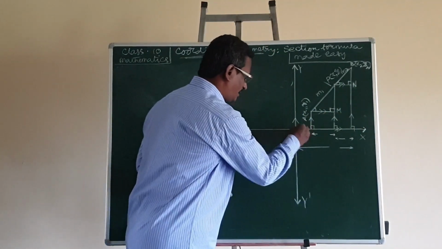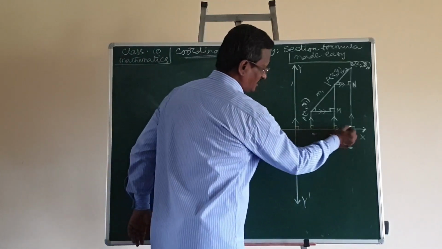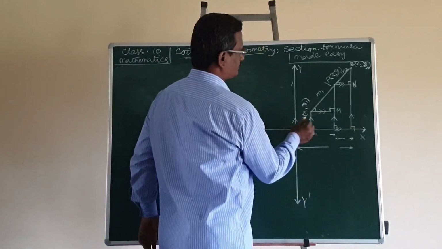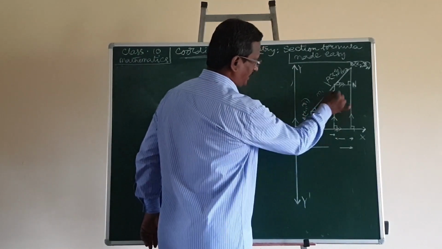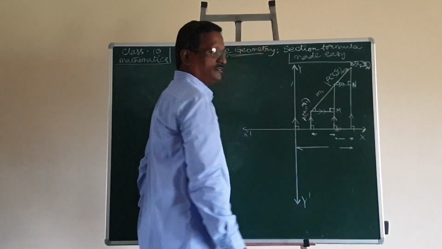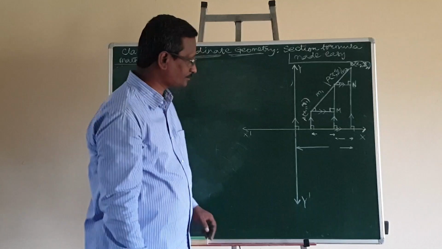Here the angle between the x-axis and y-axis is also 90 degrees. This is 90, this is 90, this is 90. This means the y-axis and these line segments 1, 2, 3, all the three line segments, are parallel to the y-axis.